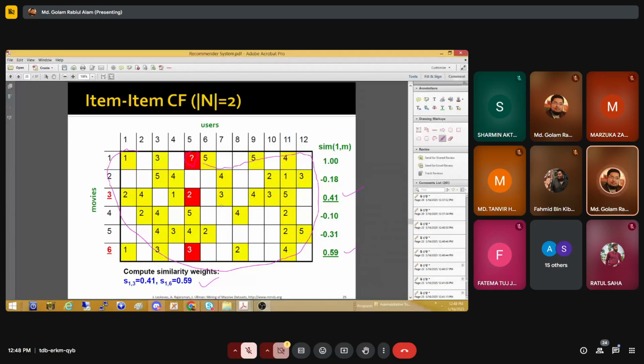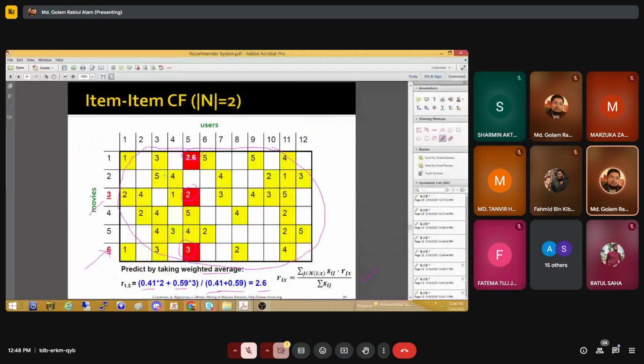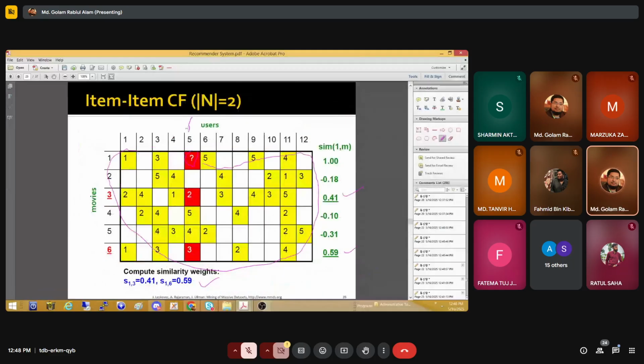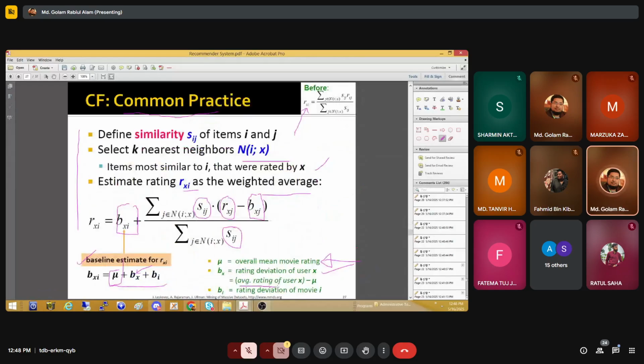Then we have the b of x. What's the b of x here? The b of x is the rating deviation of user x. For a specific user, where we want to predict the value, the rating deviation is the average rating of user x minus mu.